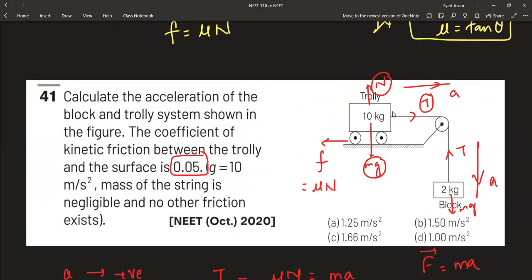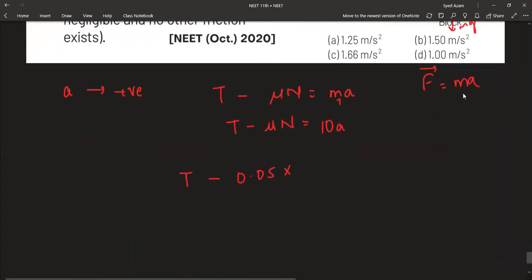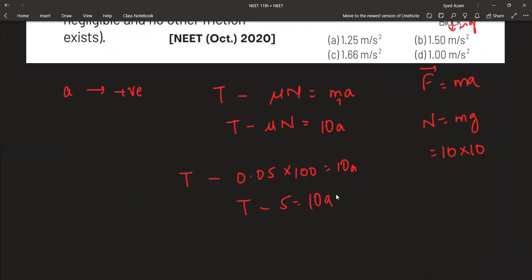So normal reaction N is equal to the gravitational force mg. Mass is 10, g is 10, so that would be 100. So 0.05 into 100 is equal to 10a. So this equation is T minus 5 is equal to 10a. This is one equation. Okay, this cannot be solved further.